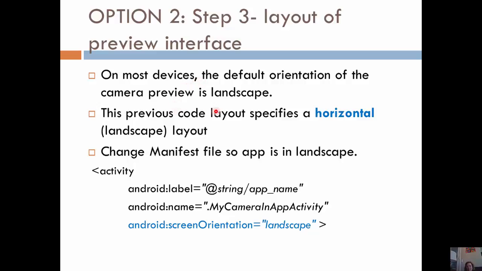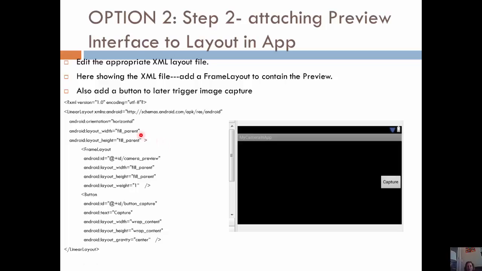This particular code specifies a horizontal layout, and that's typical in camera controls. It doesn't have to be, but that's what's specified here as being landscape. You can see that right here, the horizontal linear layout.